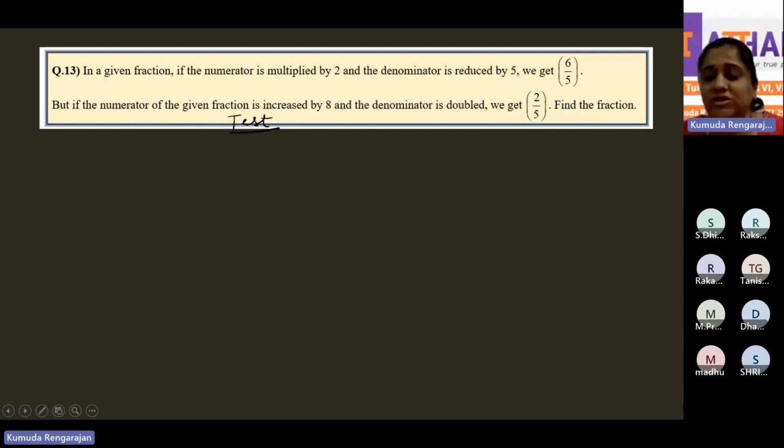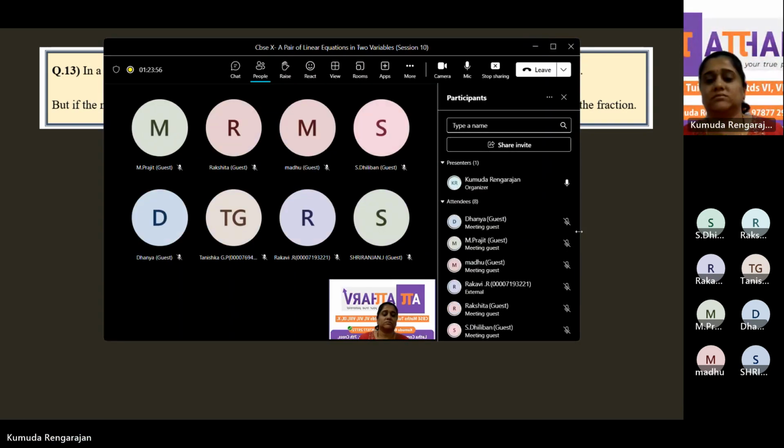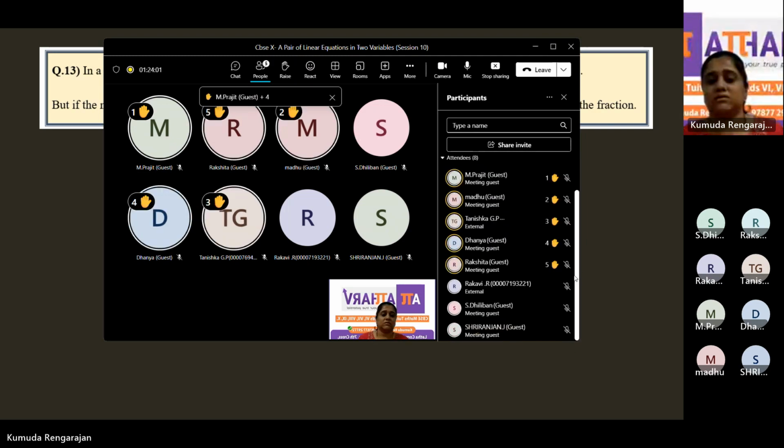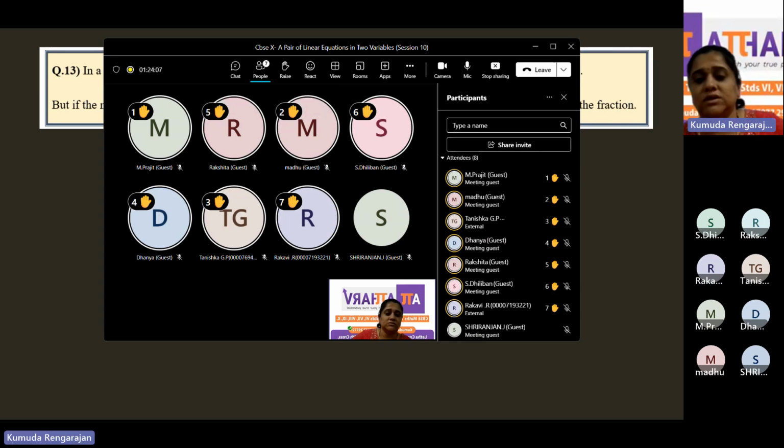Online students, use the emoji, raise your hand. Rajat, Madhumita, Tanishka, Danya, Rakshita, Dileepan, Raghavi, Sriranjan.